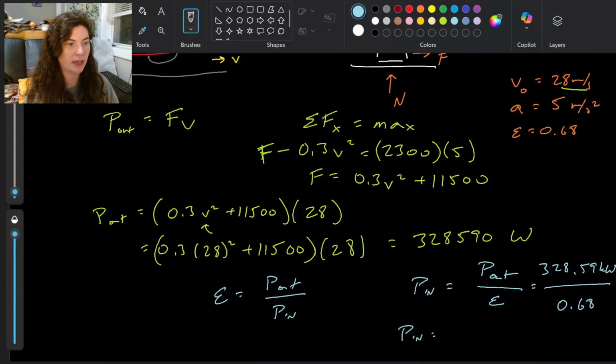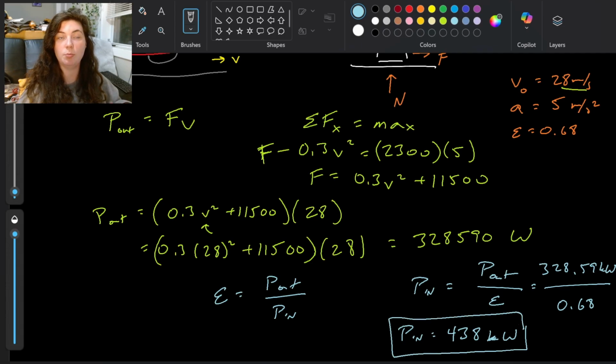Which gives me, from my calculator, a power in of about 438 kilowatts. So I had to put more power in than was actually required, than the power out, to get this movement of the force, because of that efficiency relationship.